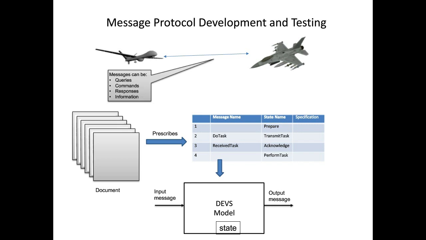So that when you look at a specification for such a protocol, it really boils down to a model of the form of a DEVS, in our view, that we can then use for testing.